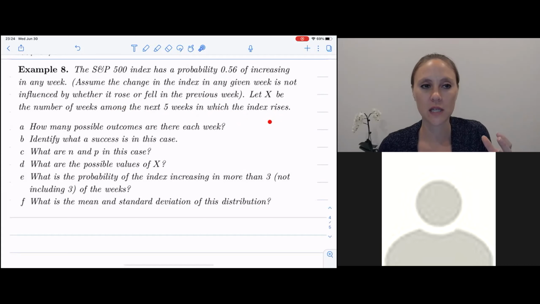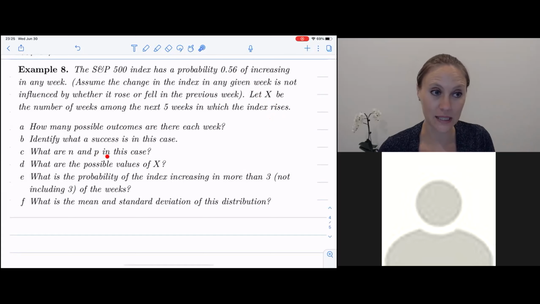If this said let X be the number of weeks among the next 5 weeks in which the index decreases, or falls, then the probability of a success would be 1 minus this, right? So it really hinges on what you're defining the success to be. And in this case, it's increasing, but you might have to play around with it because the probability of a success has to match what you're calling a success.